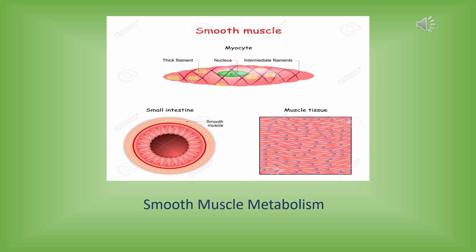Well, that's going to take a little more time than what would happen if the calcium were released from within the cell. Also, smooth muscle cells have no troponin and they have no tropomyosin. So when the calcium does come into the smooth muscle cell, it binds to a different regulatory protein called calmodulin. So there are some differences in the anatomy and some differences in the physiology with smooth muscle.